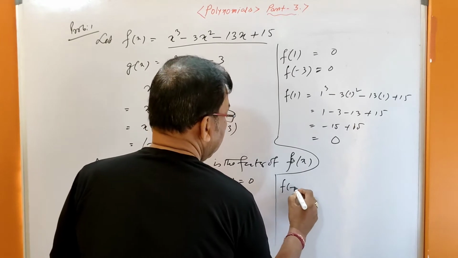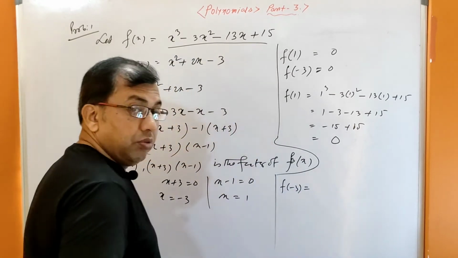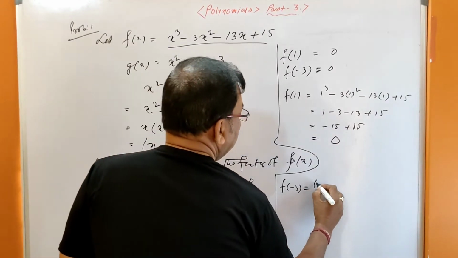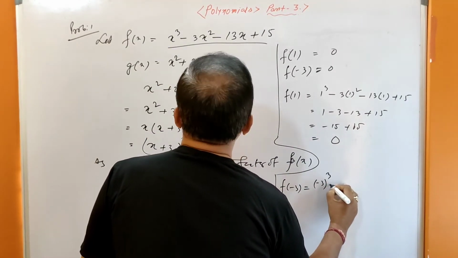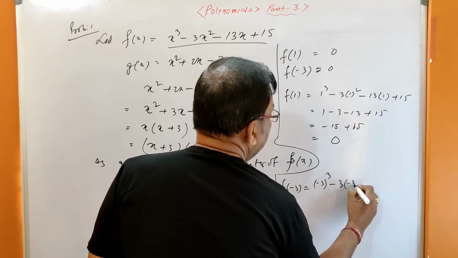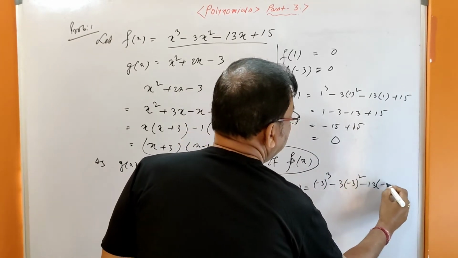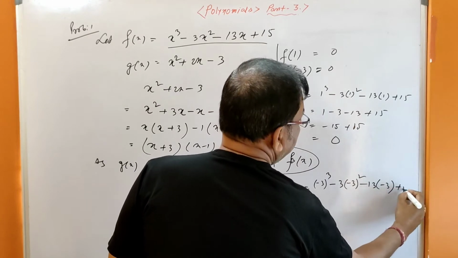f(minus 3) equals, you have to find the zero of this polynomial: minus 3 cube minus 3 into minus 3 whole square minus 13 into minus 3 plus 15.